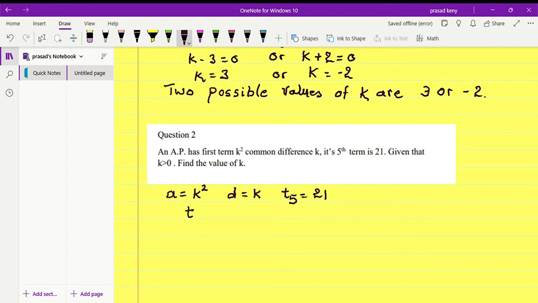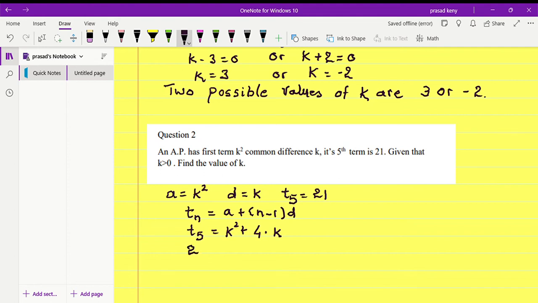Tn is equal to a plus n minus 1 into d. So T5 is a, that is k square. Now for the fifth term, n is 5. So 5 minus 1 is 4 into d, that is k. And this is 21 given to you.